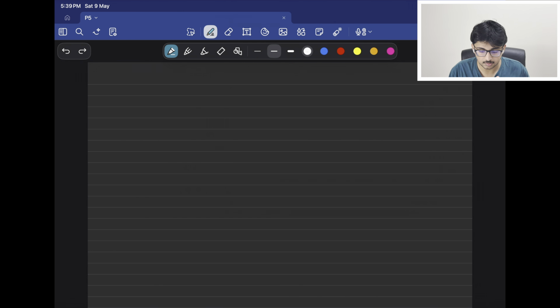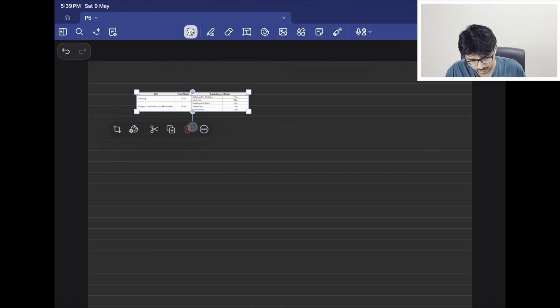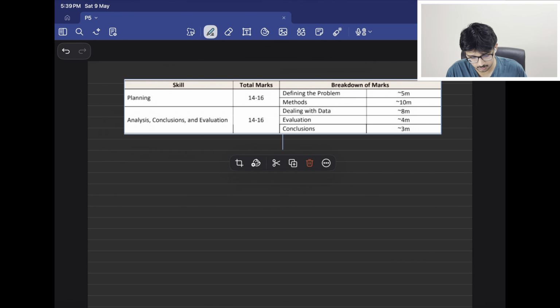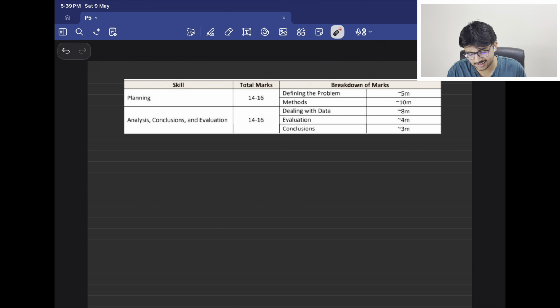So let's start. The first thing about P5, let's start from the very beginning, that you need to understand is this. This right here is a table from your syllabus file. And it says that when we talk about the P5 exam, it consists of two parts, wherein the first part is the planning part, and the second part is analysis, conclusions, and evaluation.